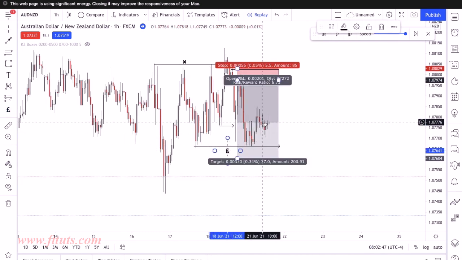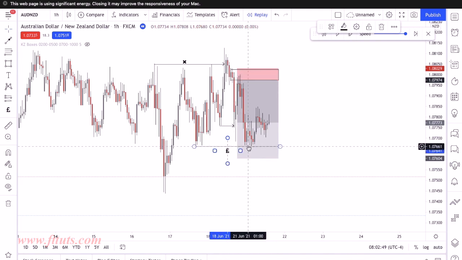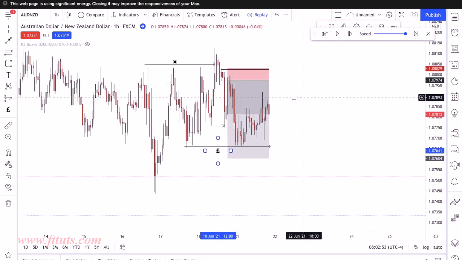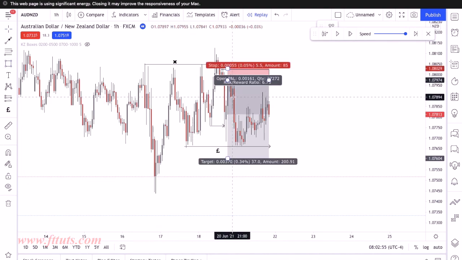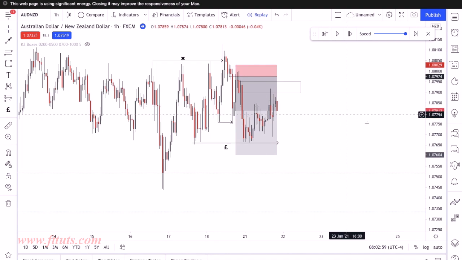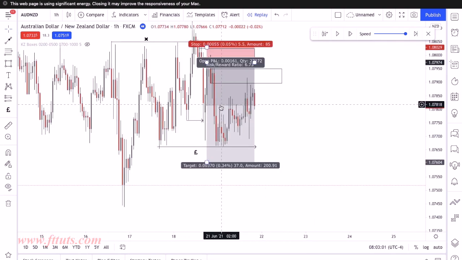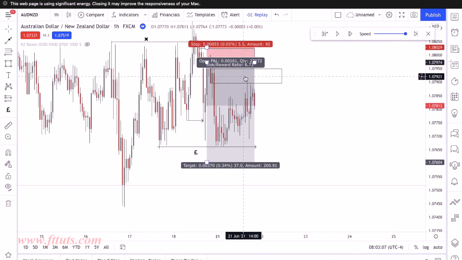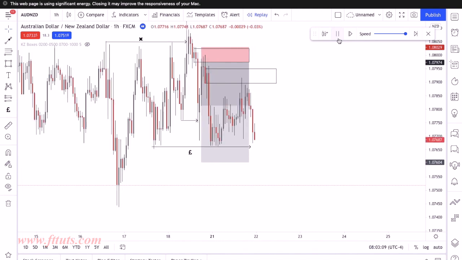So we now know price must continue to move over to the upside to take out those equal lows. Now, what can we identify at this area over here? A very nice supply zone, right? So one, we had that break of structure. Two, we had that liquidity. Price pulls back into this supply and then continues the move over to the downside.